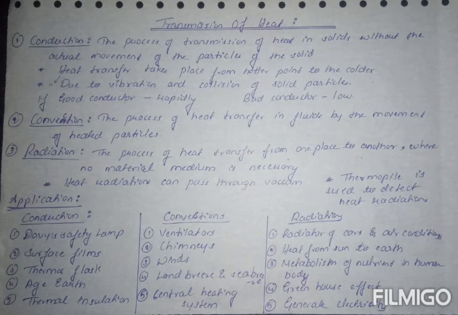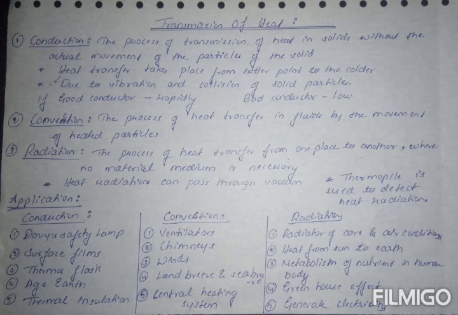And the third one is radiation, the process of heat transfer from one place to another where no material medium is required, whereas heat radiations can pass through a vacuum, and this radiation is measured by a thermopile. So radiation means heat is transferred from one place to another, but there is no requirement of any medium. For example, heat from the sun to the earth, where there is no other medium.